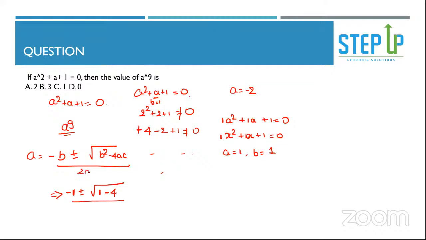Is there something in the denominator? I'm unable to recollect this. Is it upon 2A? Is it correct? Can anyone tell me? Yeah, right, upon 2A. So upon 2 into 1. So this is minus 1 plus minus root minus 3. That's an imaginary number, divided by 2.